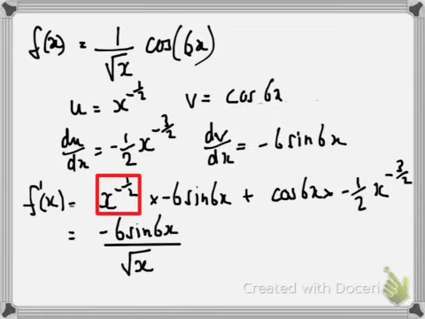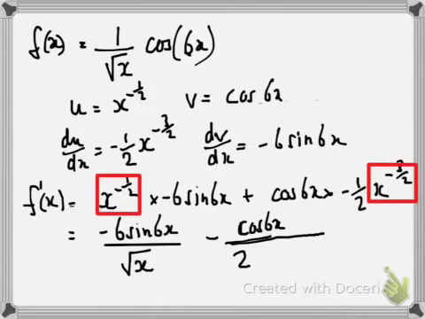The other one, we're going to take the negative a half out the front, so negative 1 over 2. We've got the cos 6x on the top, so we'll write that up there on the top, cos 6x. And on the top at the moment we've got x to the power of negative 3 on 2.